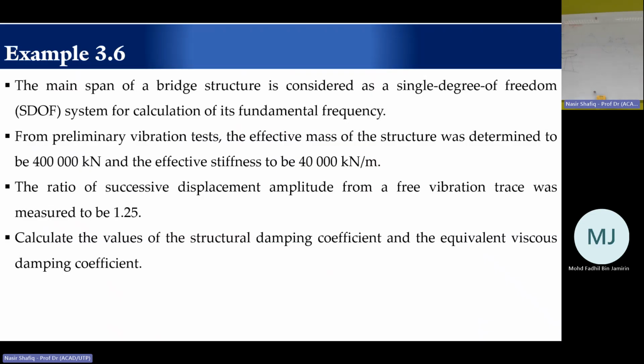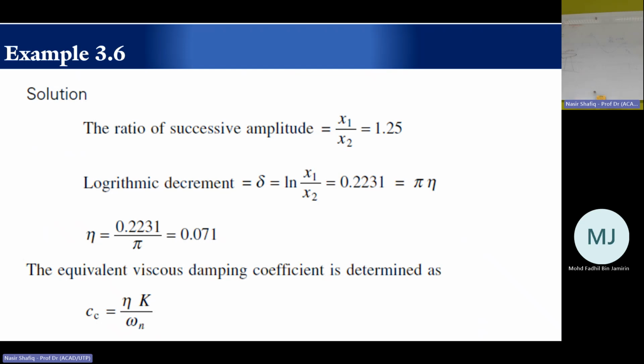Now, if it is in continuation with this property, it will say, calculate the value of the structural damping coefficient. This data you are carrying. So for structural damping, you will go through that, and from there you can say that is the part of the structural damping.